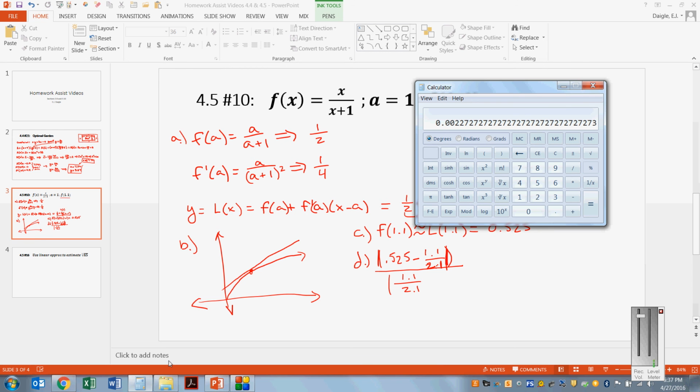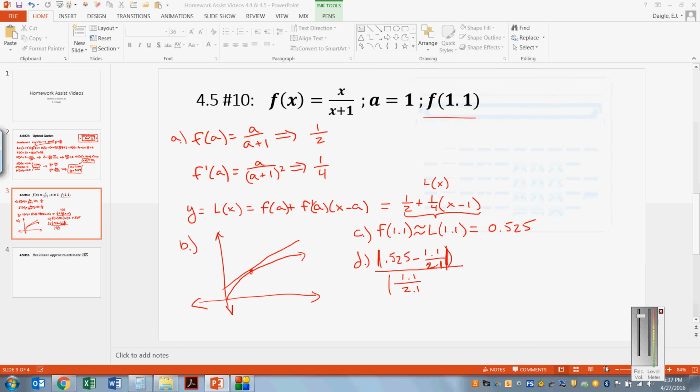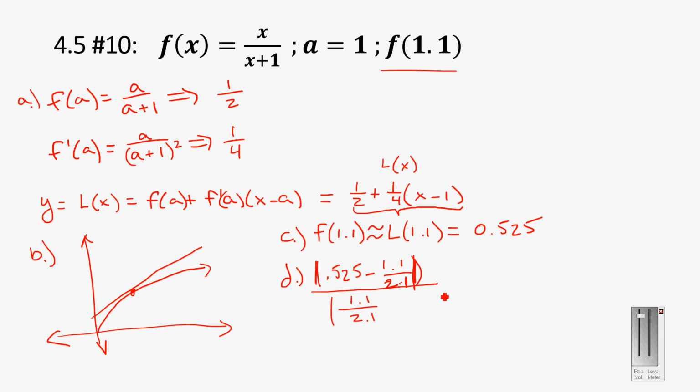And I get 0.0227, that I then would have to multiply that whole thing by 100 to put it as a percentage. 0.00227 becomes approximately 0.23%. That's your percent error that you were off.